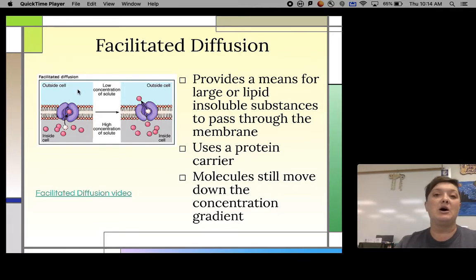So this is getting help from that protein to be able to move through. Like if it's too big to fit through here, I can use the doorway to help it. Water actually does both. They're tiny molecules. They have so much energy they can, like Red Rover, push themselves through that membrane. But you also have what are called aquapores, aqua meaning water, that are little proteins designed so water can move in and out easily. And we'll talk about water movement a little bit later.